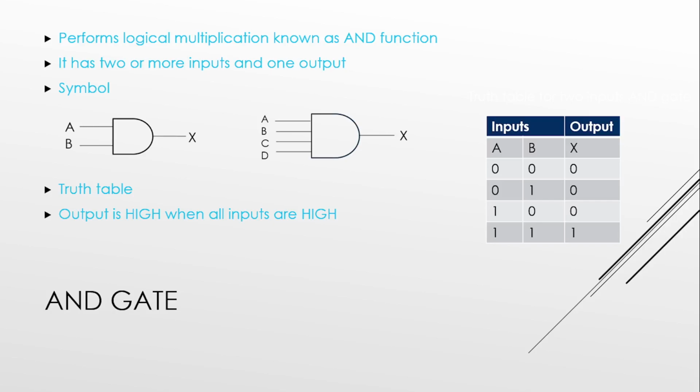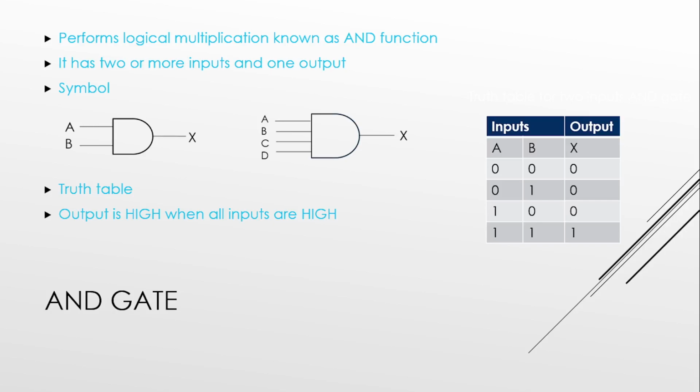Now if it is said to describe the working of AND gate in a single sentence, you can say that output is high when all inputs are high. In other words, output is low or 0 if one of the inputs is low or 0.